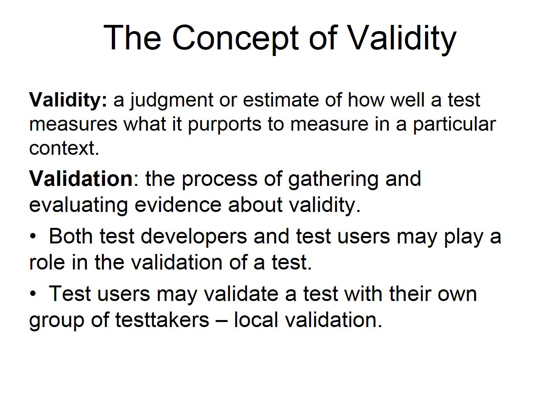Also, if the sample used to validate a measure you're using was college students, and you want to use it with retirees, you may want to do an additional validation. Does this measure still capture what it's meant to capture in my new sample? A local validation.